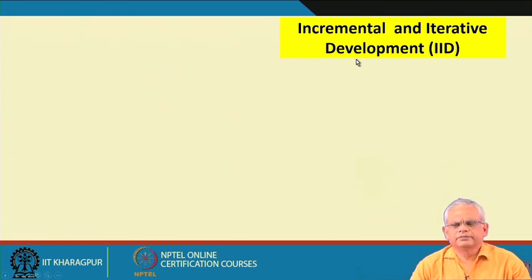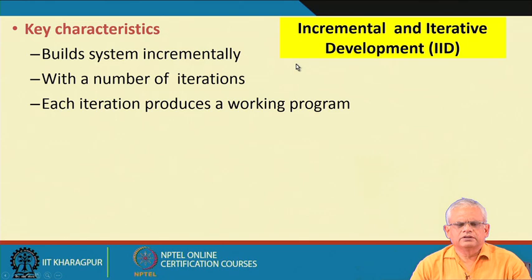Incremental and iterative development, here each time new increments of functionalities are implemented, and at the same time the functionalities that were already implemented are refined, and that is called iteration. The key characteristics of the incremental and iterative development is that you build the system incrementally, small parts of the system are built.